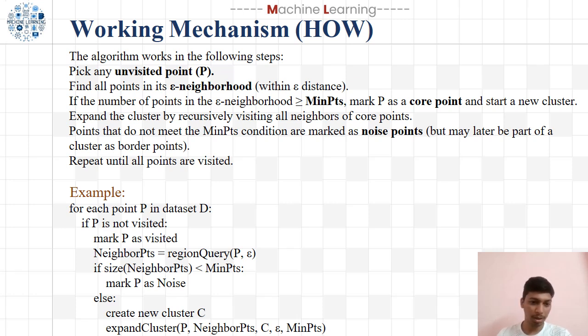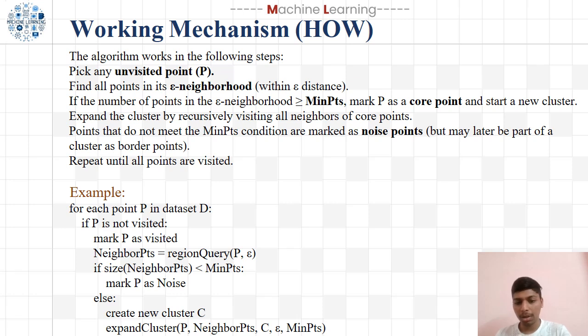For example, I will explain it through code. For each point P in dataset D: if P is not visited, mark P as visited.